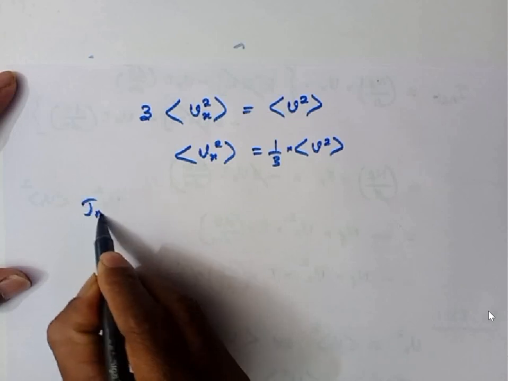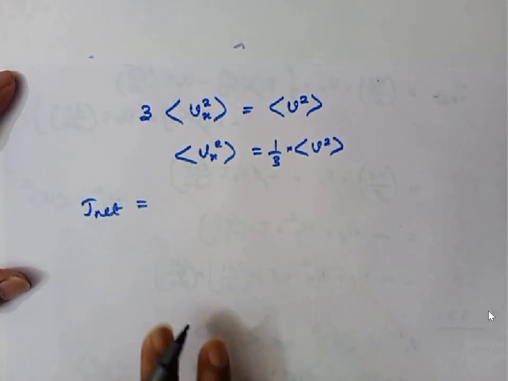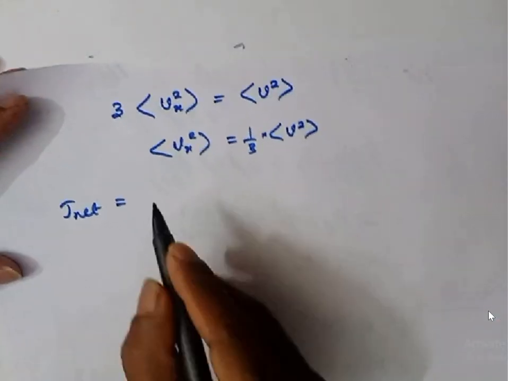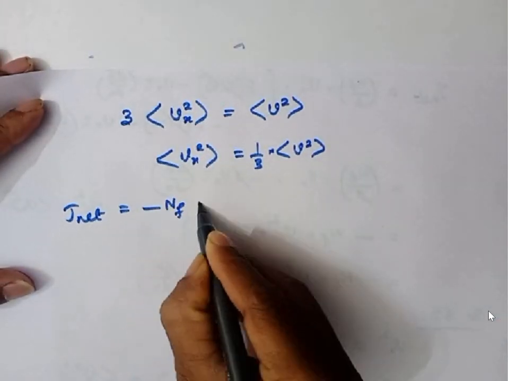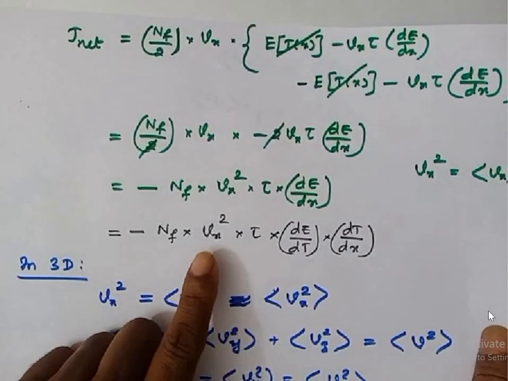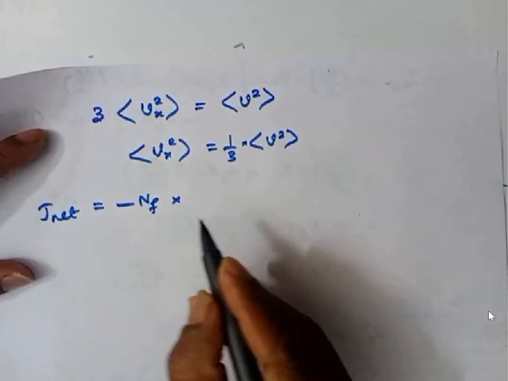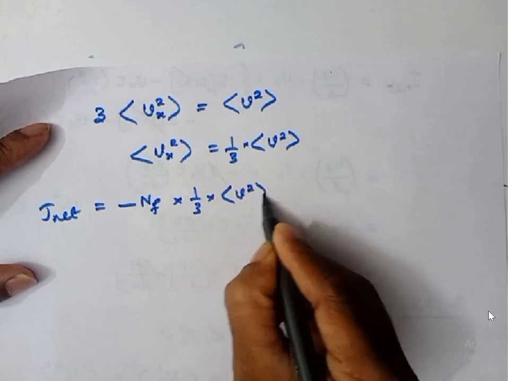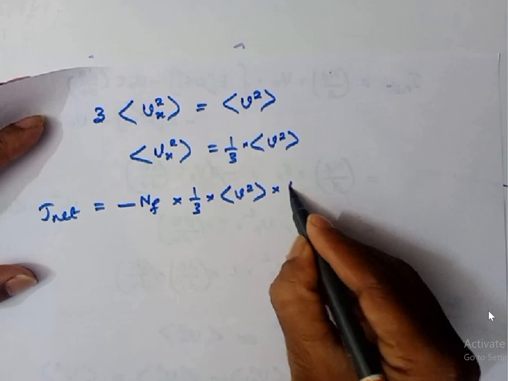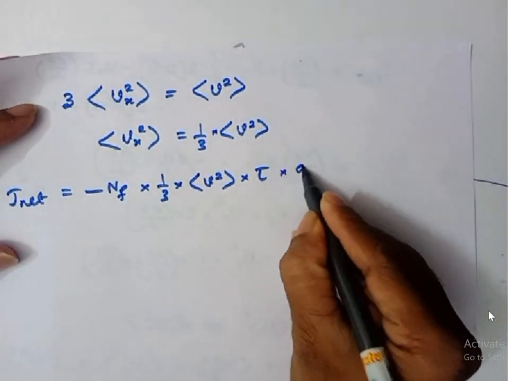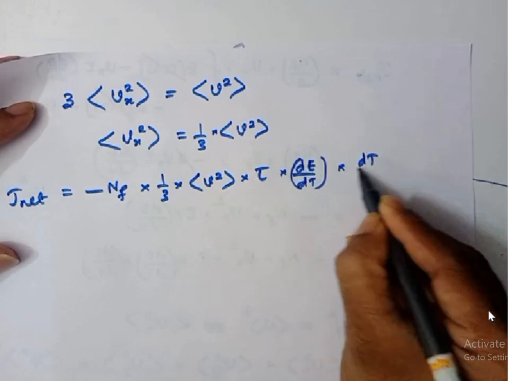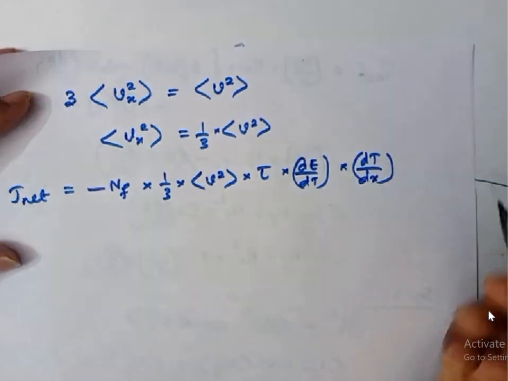So J net equals minus NF, I'll keep all the terms as such, into, in the place of Vx square I'll put 1 by 3 times the average of the square velocity into tau into dE by dt into dt by dx. Clear?